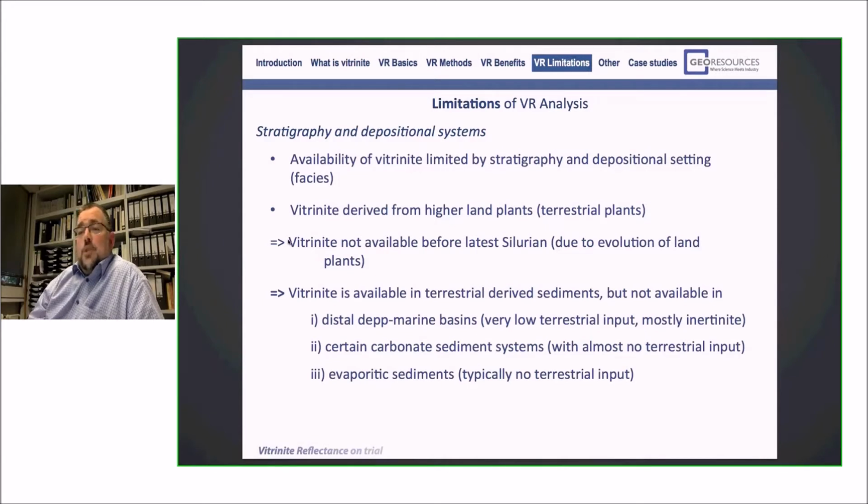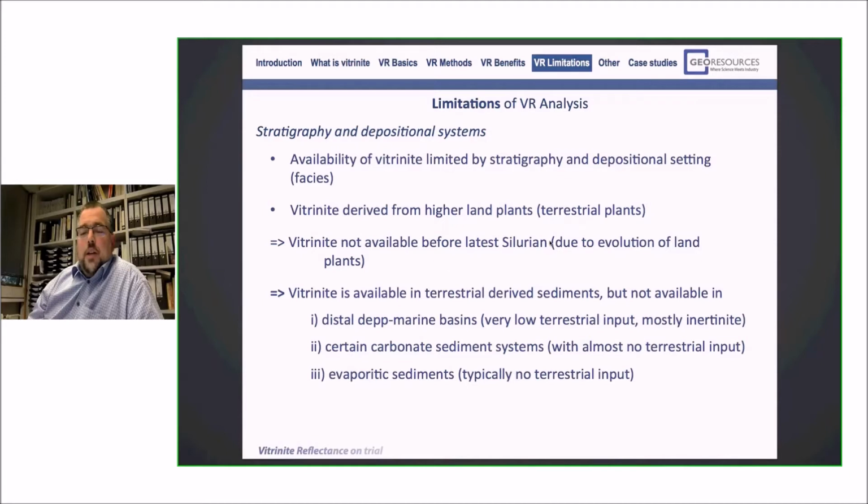significant limitations. First, vitrinite is not available before the latest Silurian due to the evolution of the land plants. So we know that the first land plants start to develop during the middle to upper Silurian, but it's just in the latest Silurian and then much more in the early Devonian that we have land plants in high numbers to produce a lot of material, so we can have a certain amount of vitrinite in our samples to work with.